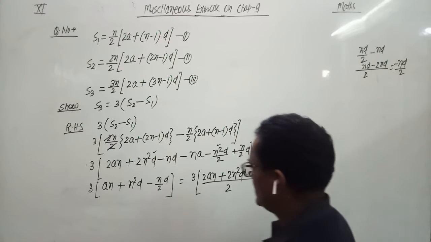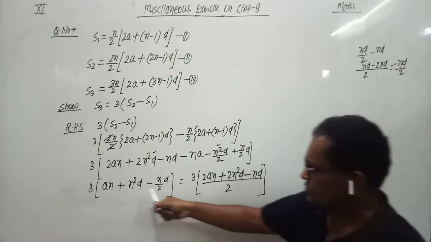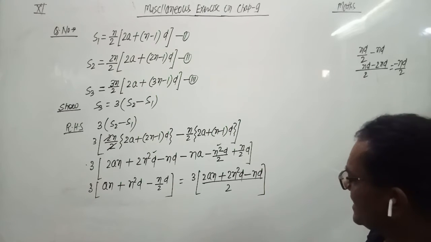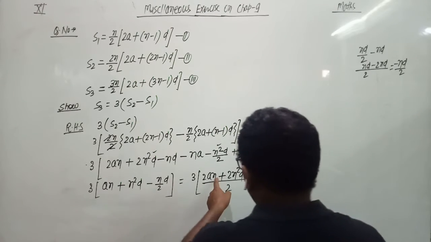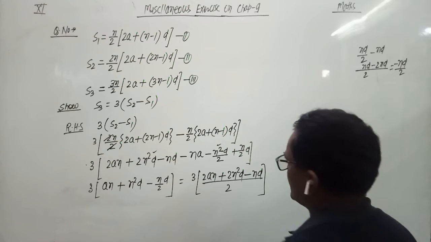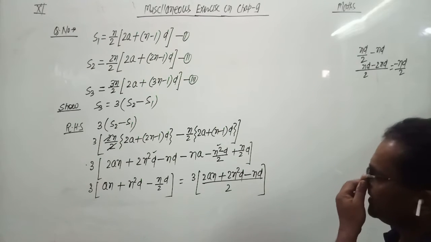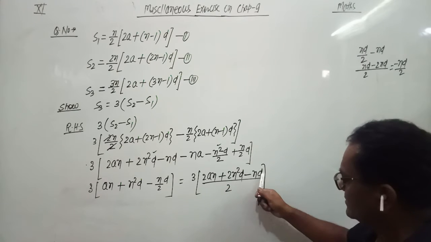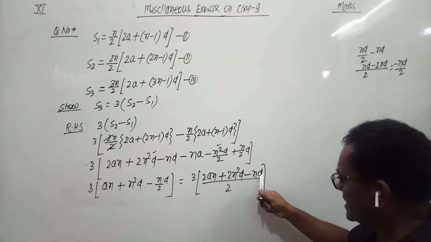Taking LCM, 2an plus 2n square d and minus nd. From all these three terms, we take n as common.